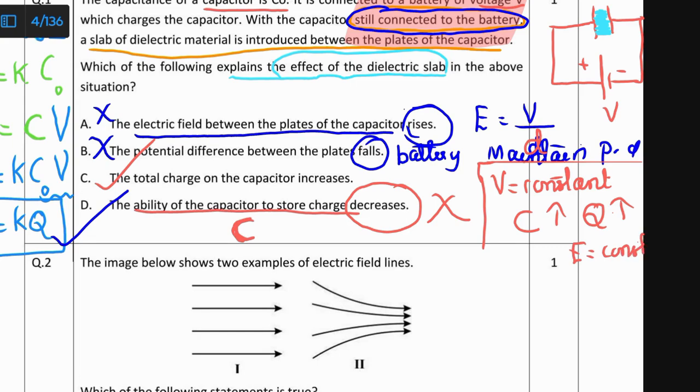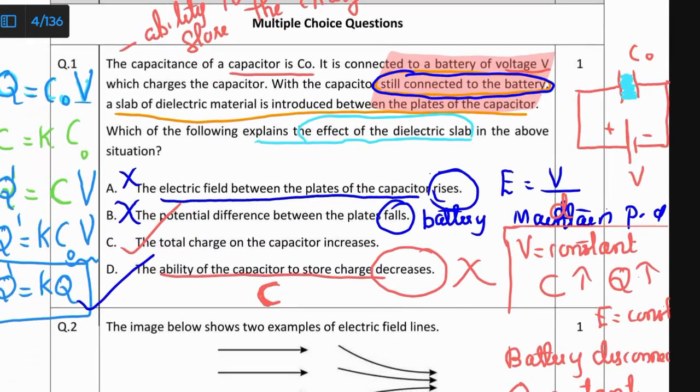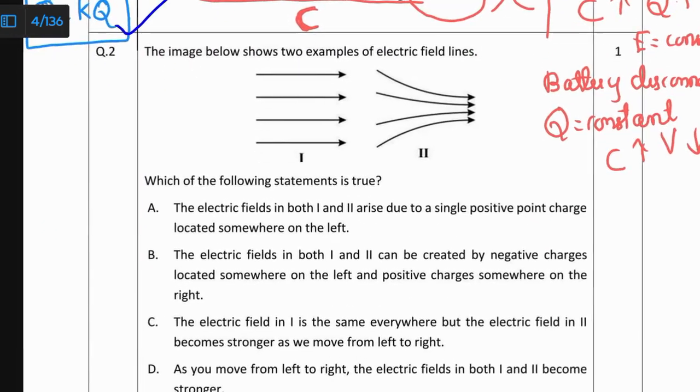And the second case: the first was for a constant battery, but what if the battery is disconnected? Then Q is constant, and capacitance increases, but the voltage decreases. So is it clear about the capacitance? Okay, now we come to the next question.